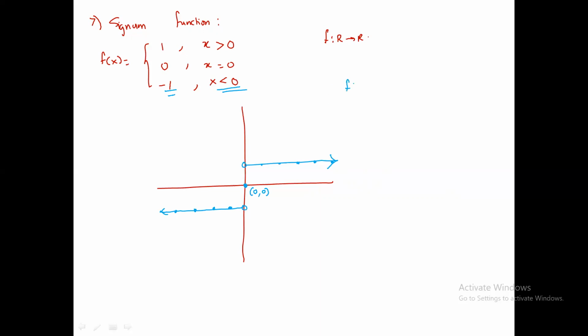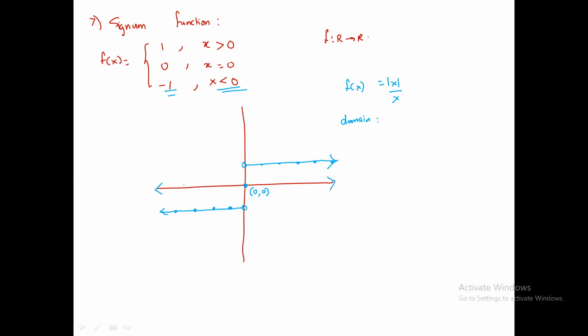The signum function is actually written as mod of x by x. This is the way we write. And then if you take domain, you can see in domain the values of x on x-axis. You can go right side and left side without any end.